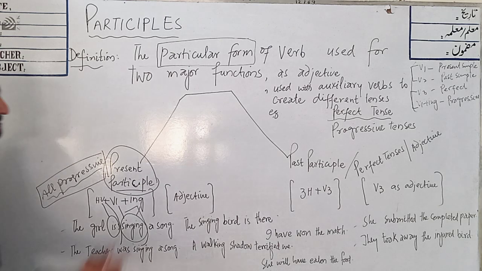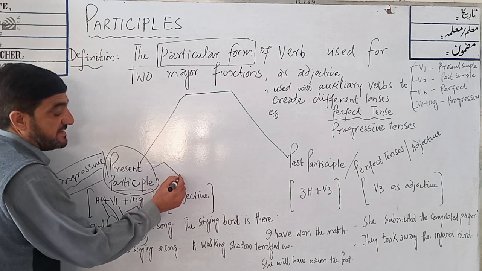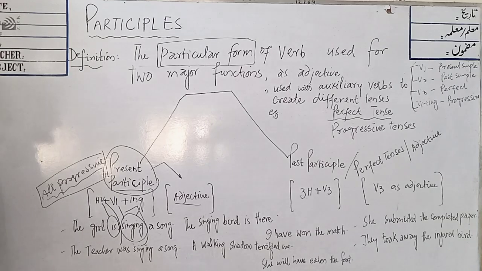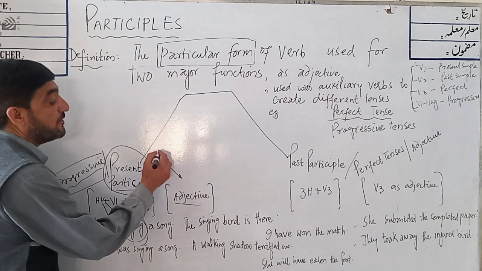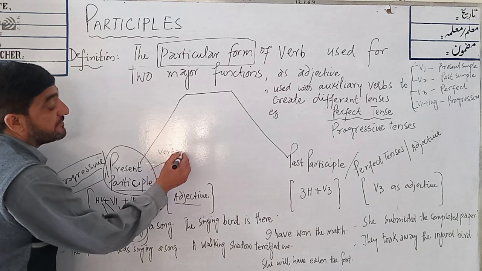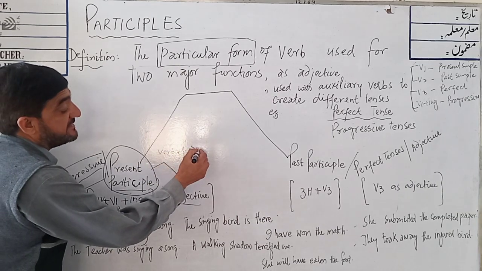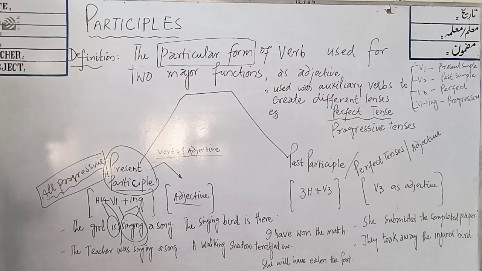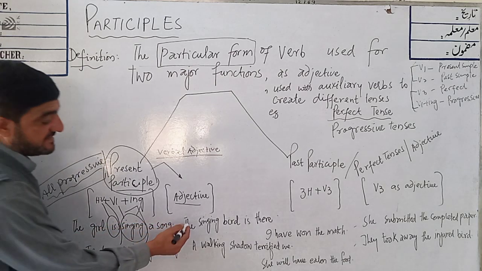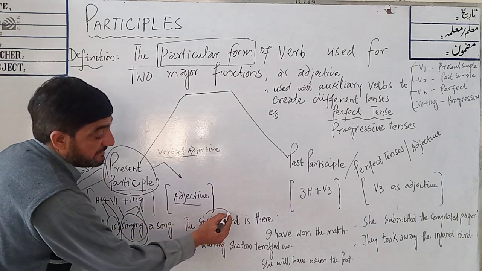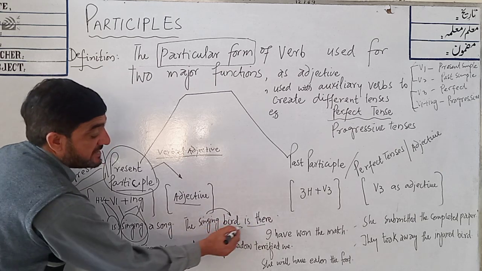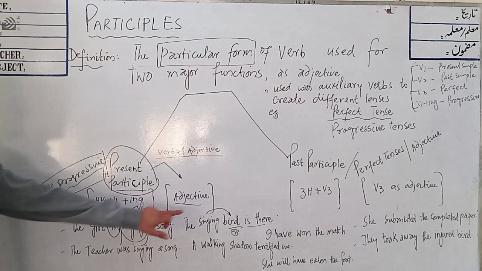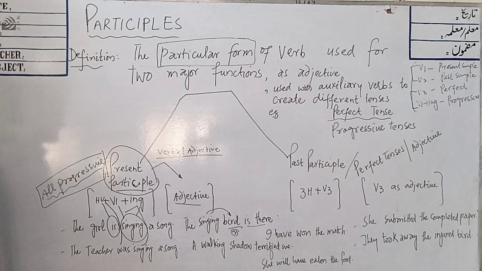But the same present participle can also play the role of an adjective. And that adjective is known as verbal adjective. Verbal adjective is the type of adjective which is designed or extracted from a verb. You can see, the singing bird is there. Bird is a noun and singing is qualifying the noun bird. So this singing is called an adjective.